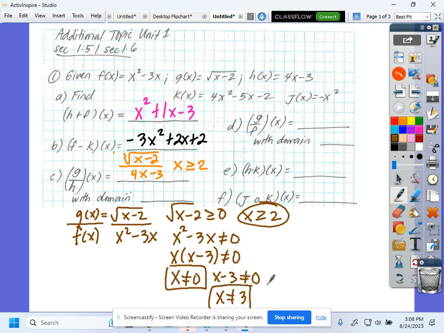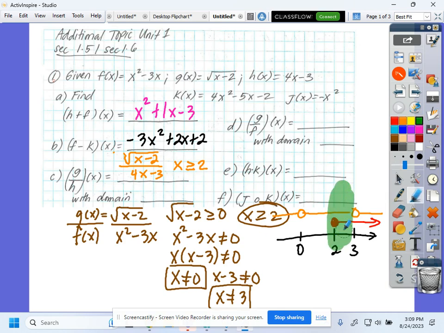So when you graph that one, 0 is right here, the 2 is there, the 3 is here. The 2 is closed, going to the right, while the others are open circles, connected that way. So they overlap right here and right here.